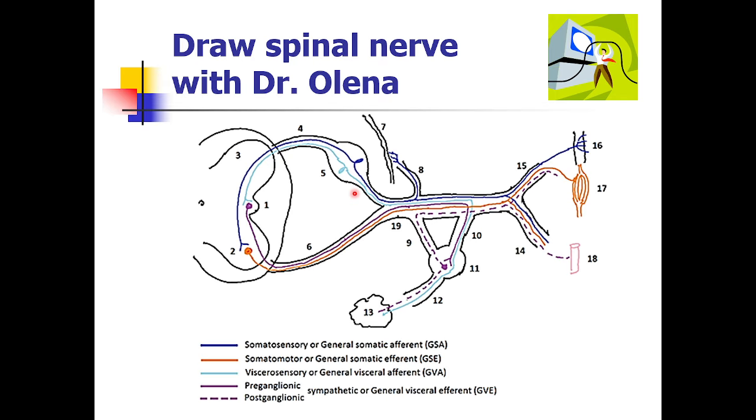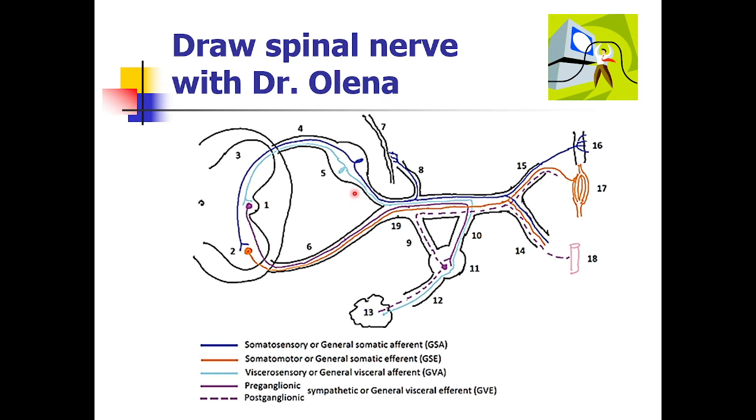So another very important point here. Where does all sensory innervation start? From the dorsal root ganglion. The dorsal root ganglion at each level is responsible for some skin innervation, somatic innervation, and for some visceral innervation from internal organs. Are you guys with me?